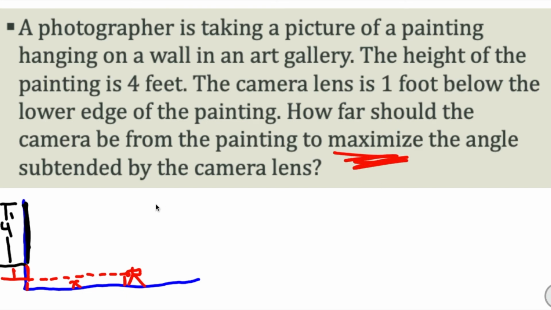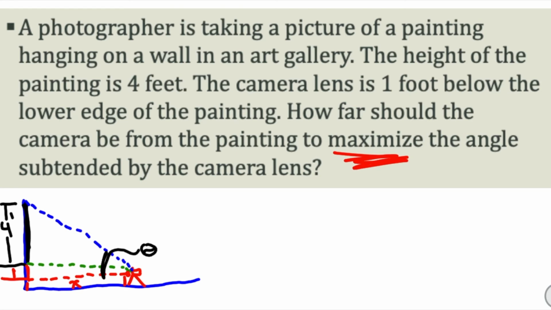So I'm going to try and use different colors here. We have that angle, and then we have this angle up here that I will draw with blue coming down to the camera like that. All right, so we have 3 angles here. First of all, the big angle right here. I'm going to call that theta.